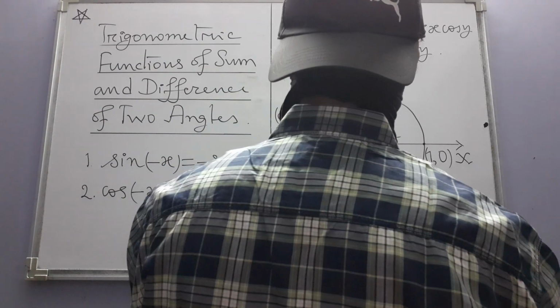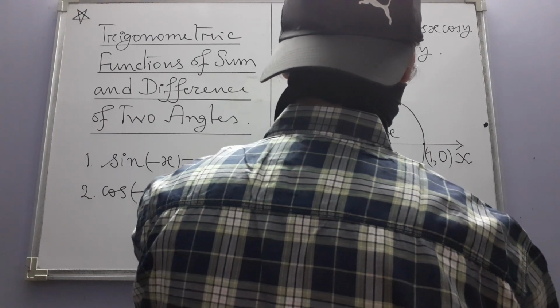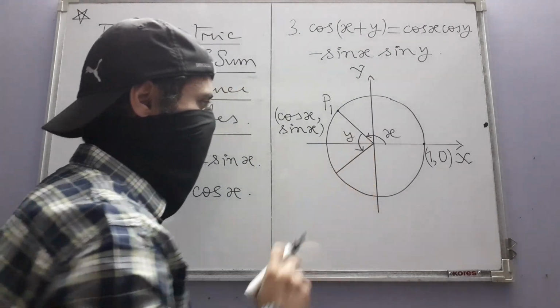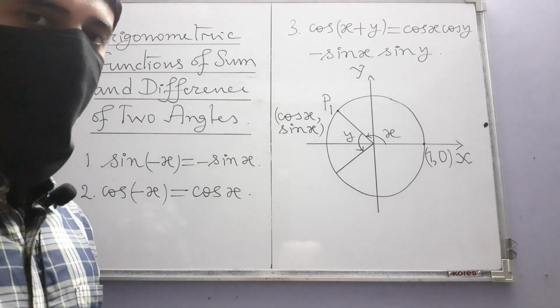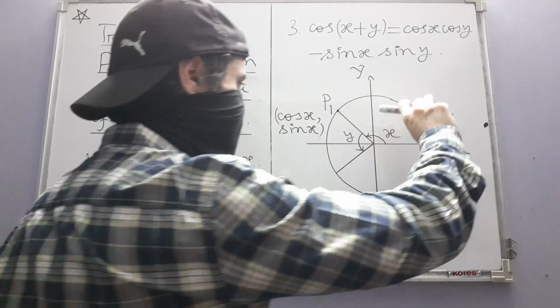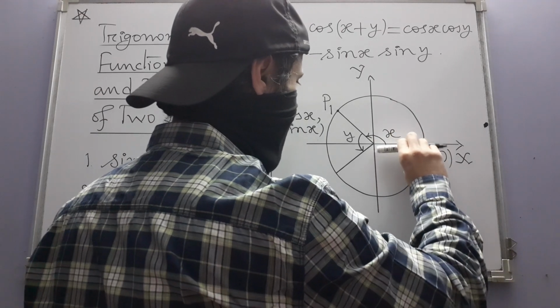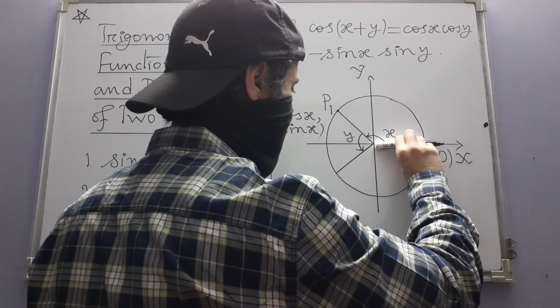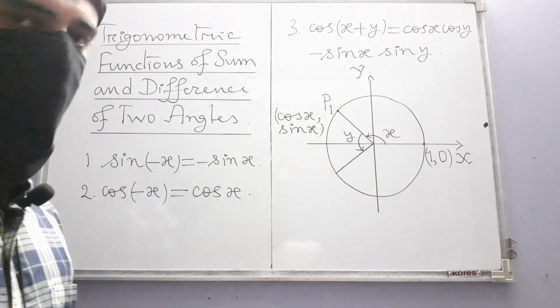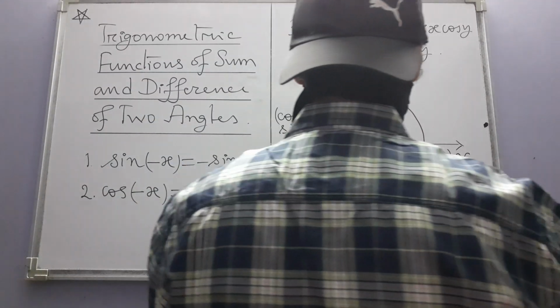So what we are now going to see is this. So this is y not in standard position. Now let's think of minus y, but in standard position. So in standard position means for the angle minus y, the rotation will start from here and then it will come like this.